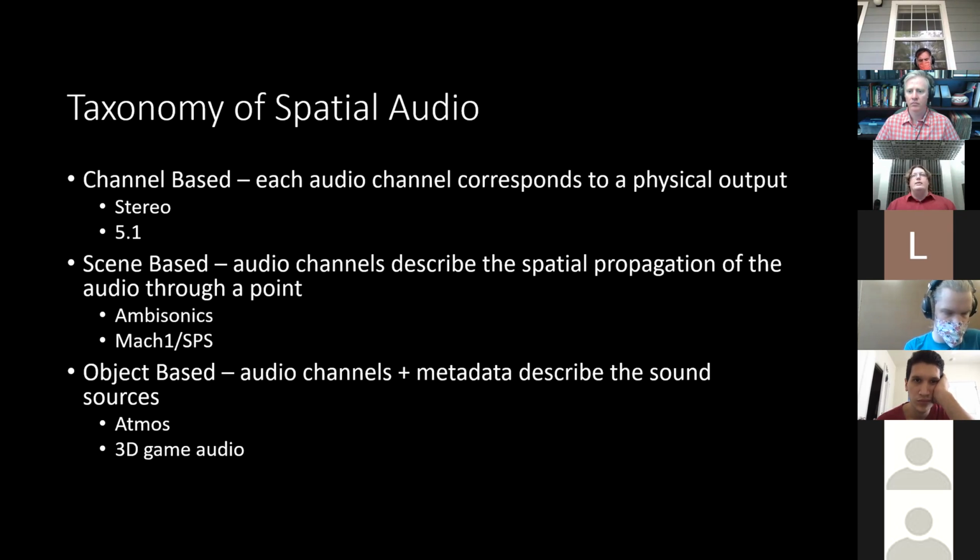Which becomes the utility of these scene-based formats, the way that they're very easy to translate between different speaker configurations. And some composers will do that. They'll write a piece and they'll code it into an ambisonic or an SPS or some type of format like that.